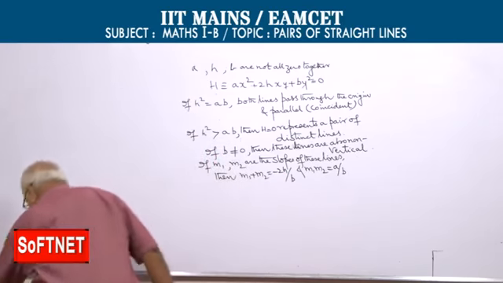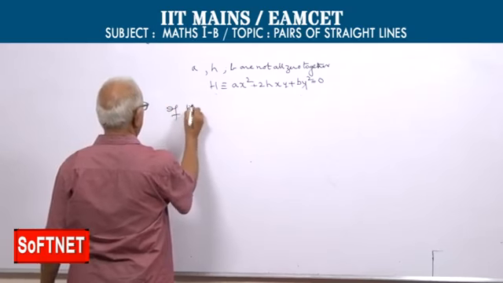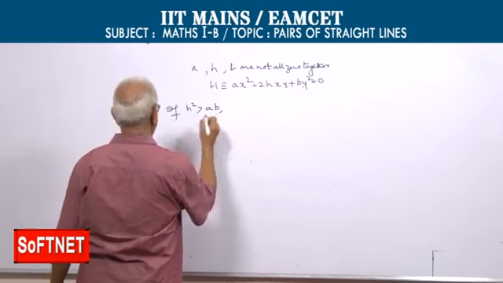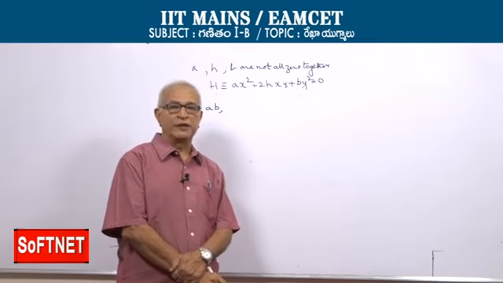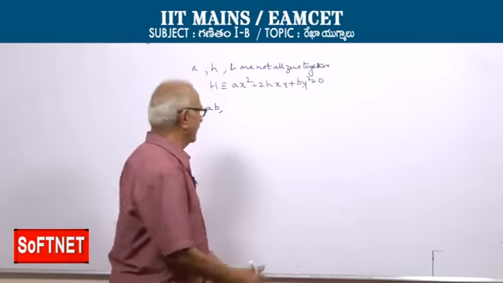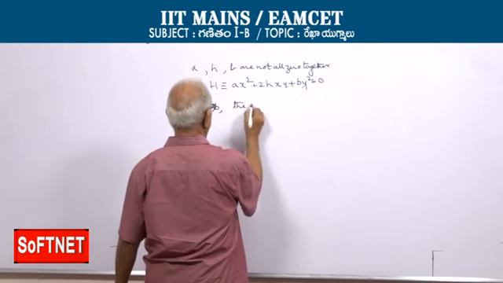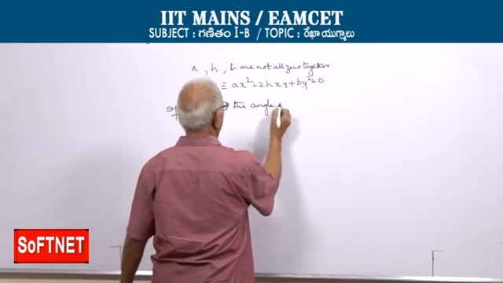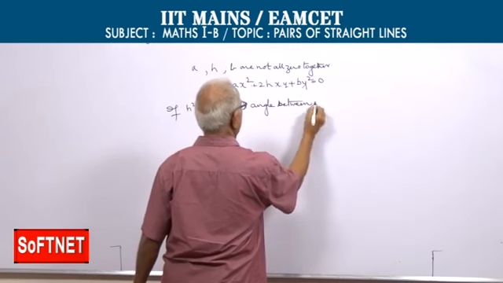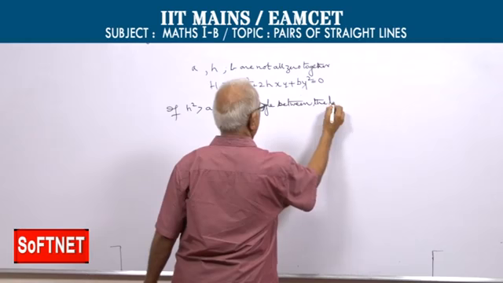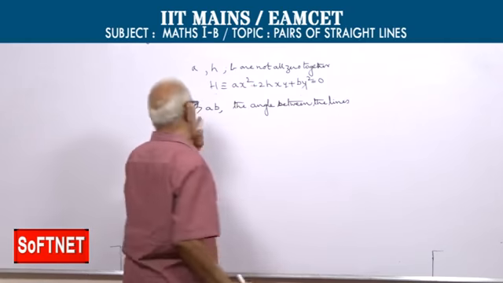Next, if h square greater than ab, you can also determine the angle between the lines represented by H equal to 0. Well, you can also include the case h square equal to ab.